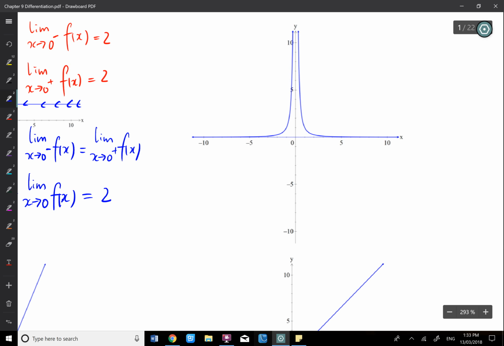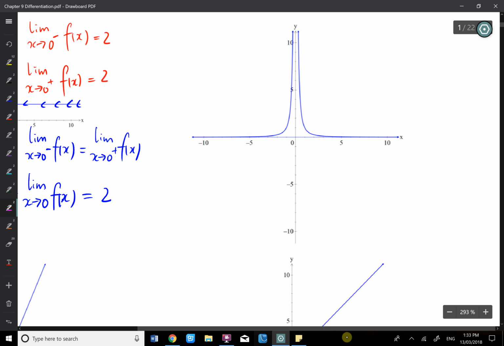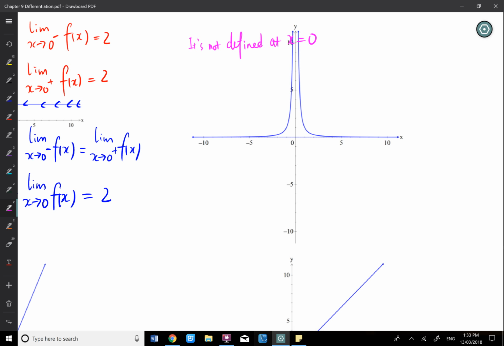Is it defined at x equals 0? No, it's not defined at x equals 0. Do you think the limit exists for that one? What's the limit value then?